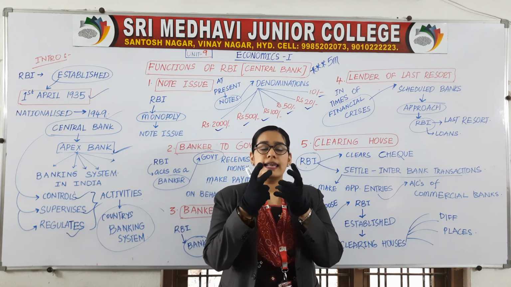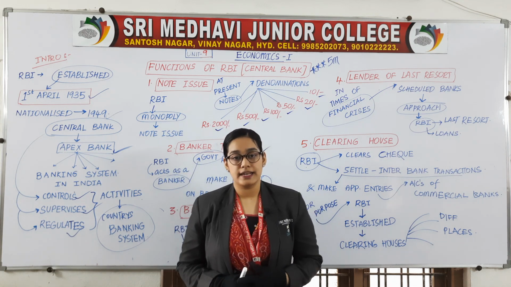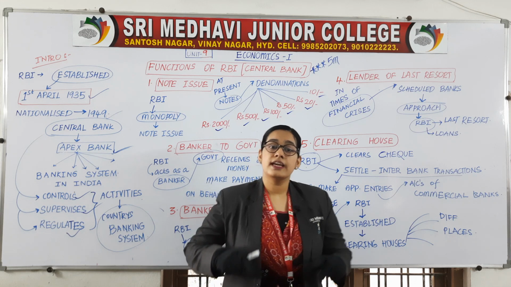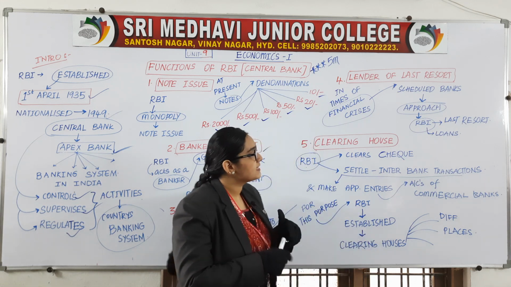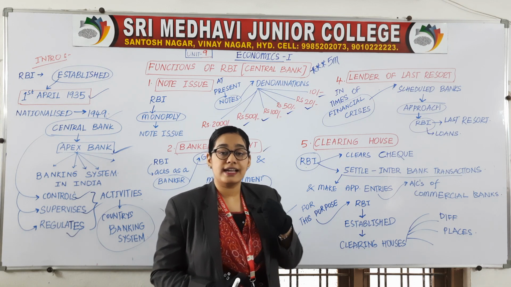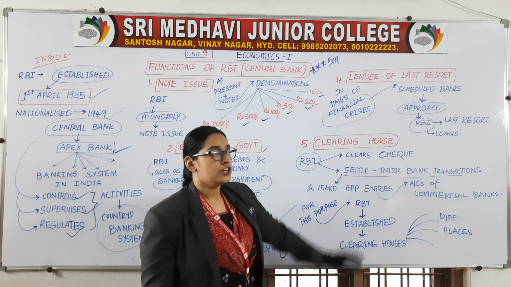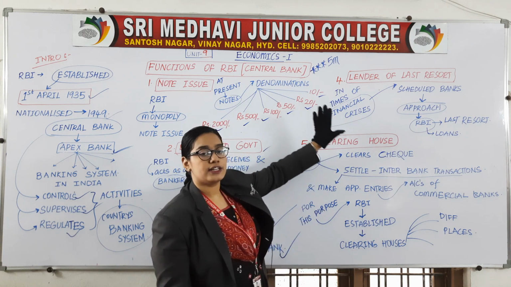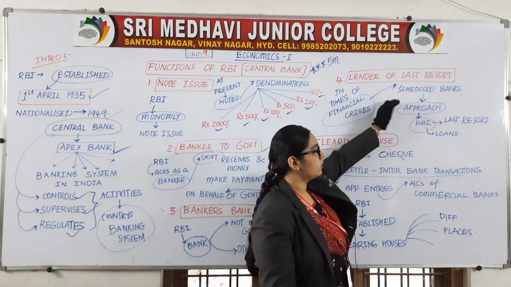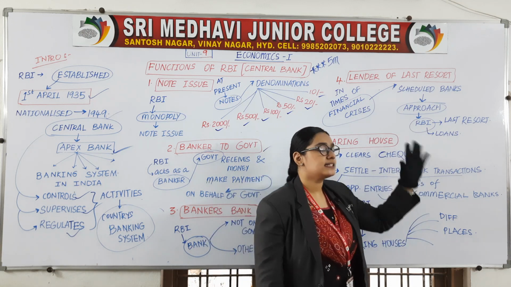So your last resort is your parents. In the same way, whenever banks are facing any kind of financial problem, it is called a financial crisis. So in times of financial crisis, all the scheduled banks will approach RBI as a last resort.